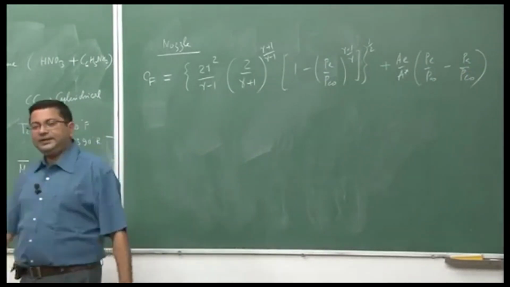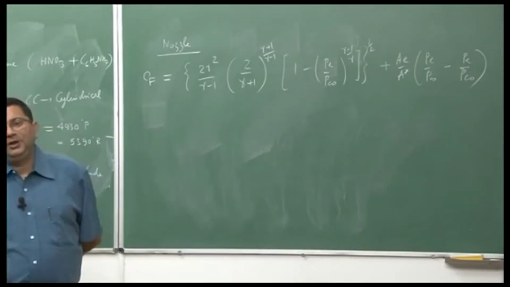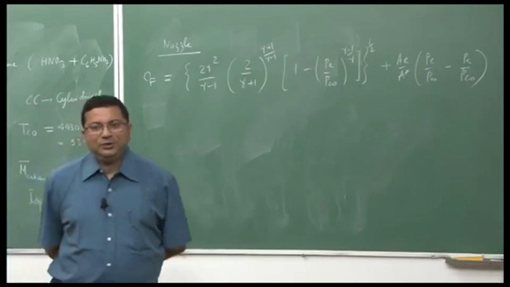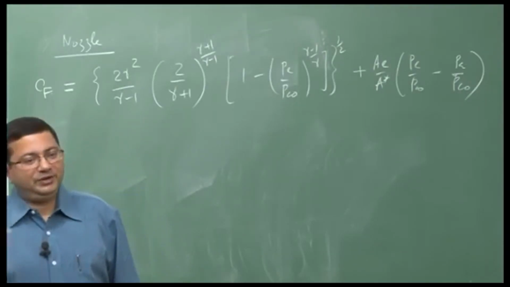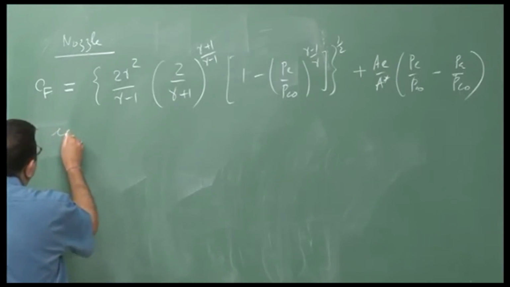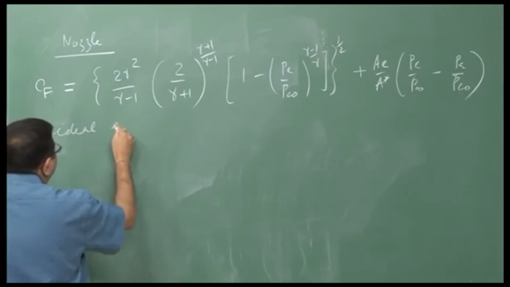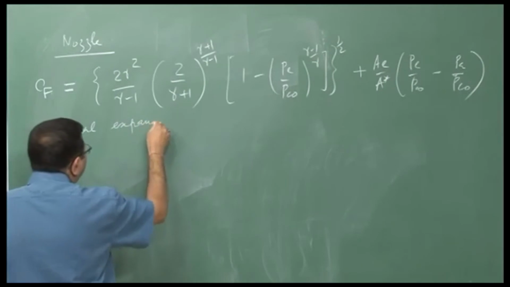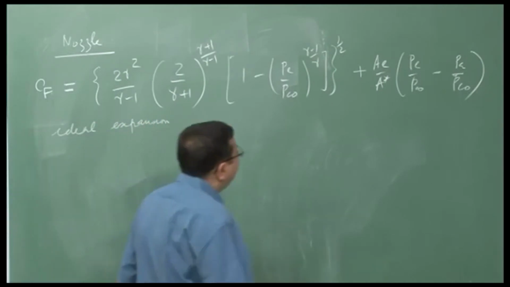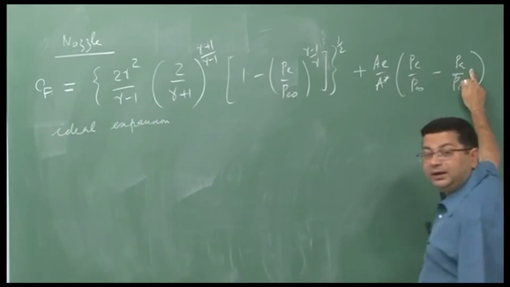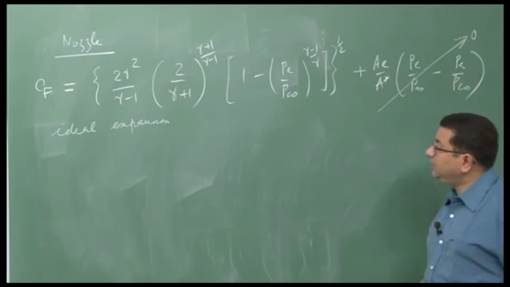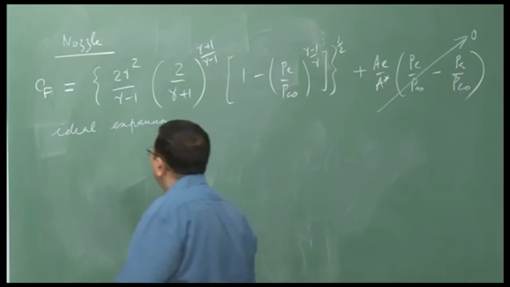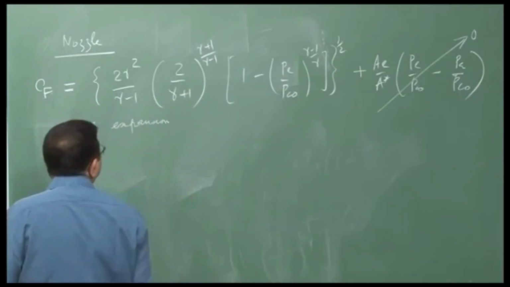Now, here is a design problem, we do not know the area ratio. So, first we start with an assumption of ideal expansion. With this assumption, Pe is equal to Pa, therefore the pressure term in the thrust coefficient goes to 0. So, we are left only with the momentum term.